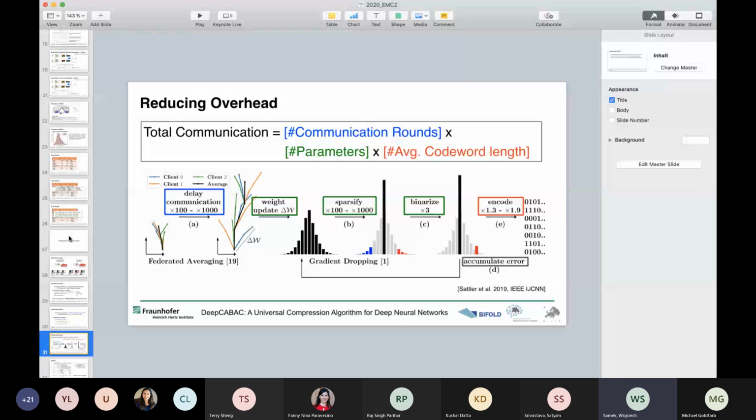Then you can use some other tricks to sparsify the weight matrices. So instead of sending everything, you can just send the largest values, the largest ones by magnitude. In this case, you would need to send the position of the largest values and also the value itself. And you can further reduce communication by binarizing.